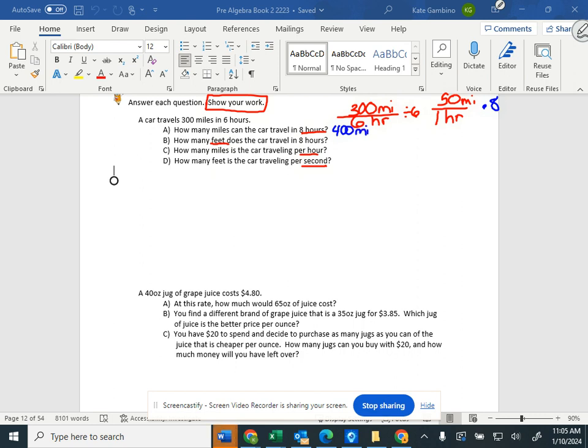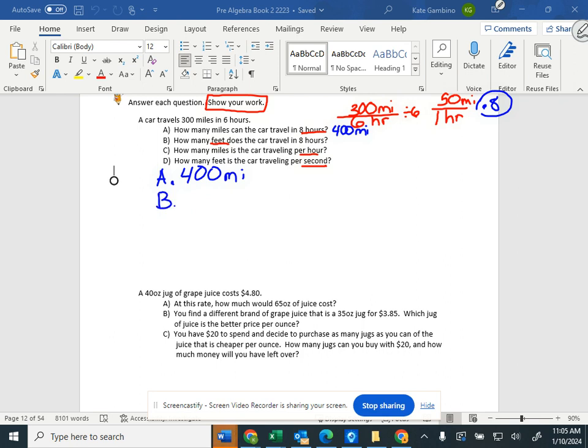So if you have room, you could write it there, or you could go down here and say the answer to A is 400 miles because we multiplied it by 8. Notice how I did show my work here. I showed that I was multiplying it by 8. So you can't just write the answer. You have to say what you're doing. I multiplied by 8.